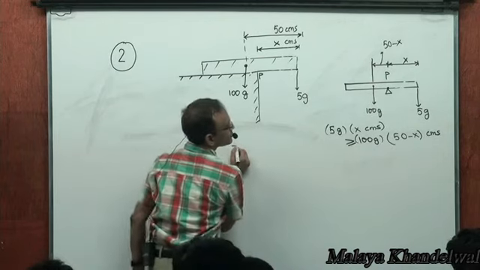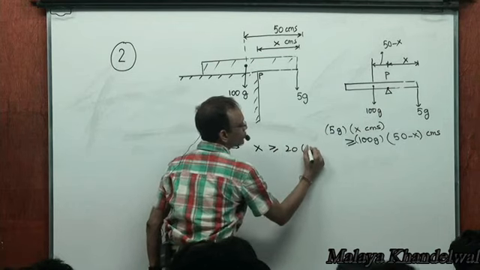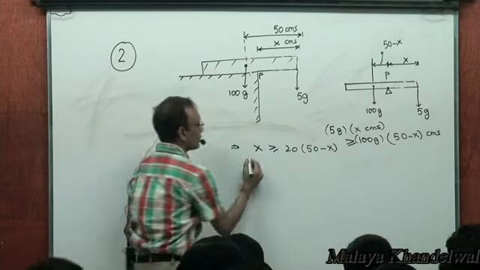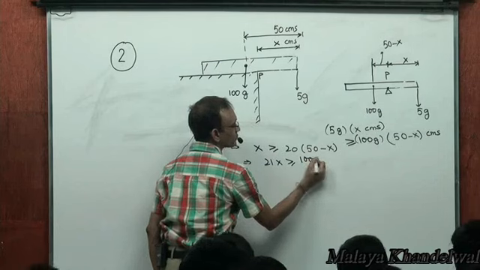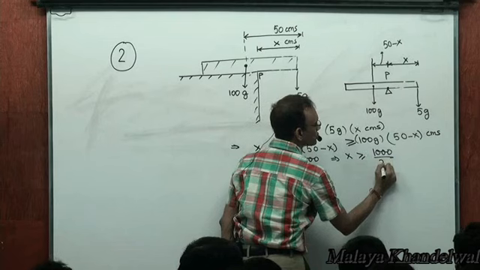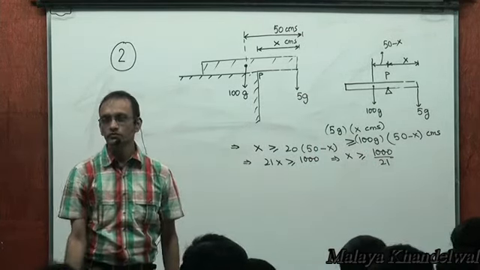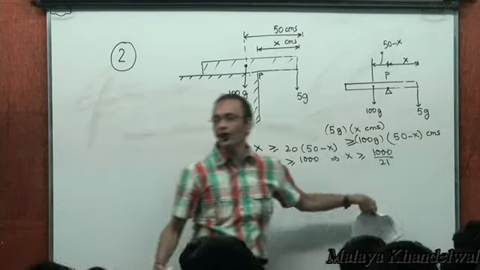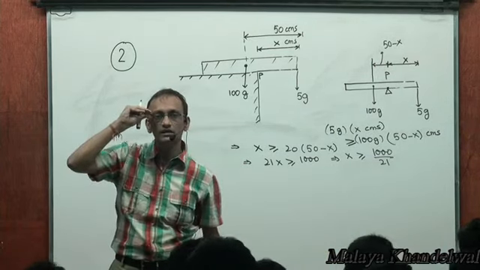So this would give us x greater than or equal to 20 into 50 minus x, right? Or 21x greater than or equal to 1000, or x greater than or equal to 1000 by 21, which is 40 odd something, right? So x must be just slightly more than this amount for it to be able to tilt about the point P. That is what is required. Clear?